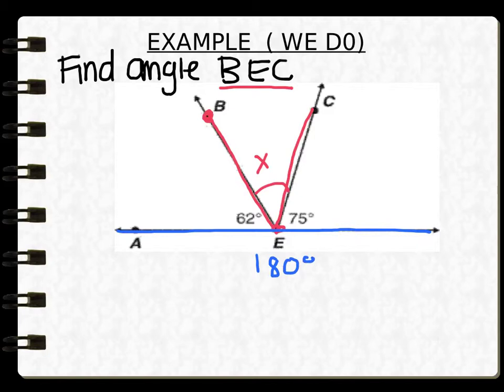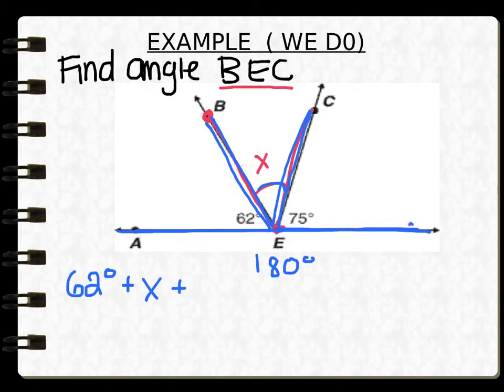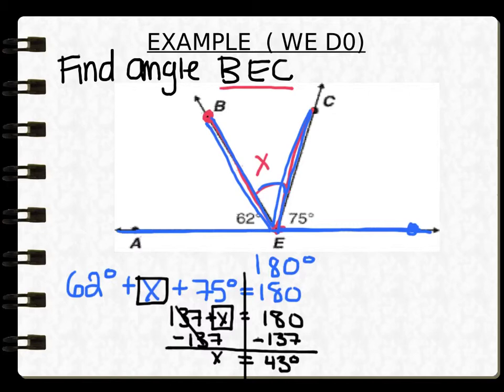Therefore, angle AEB, 62 degrees, plus BEC, X, what we're trying to find, plus CE, and all the way over to here, this doesn't have a point, is 75 degrees, and that all adds up to 180. I'd like you to pause the video, solve for X, and hit play when you're done. Ready, pause. X is equal to 43 degrees. If you got this right, give yourself a check mark. If not, pause the video, go back, check your work, and hit play when you're ready.